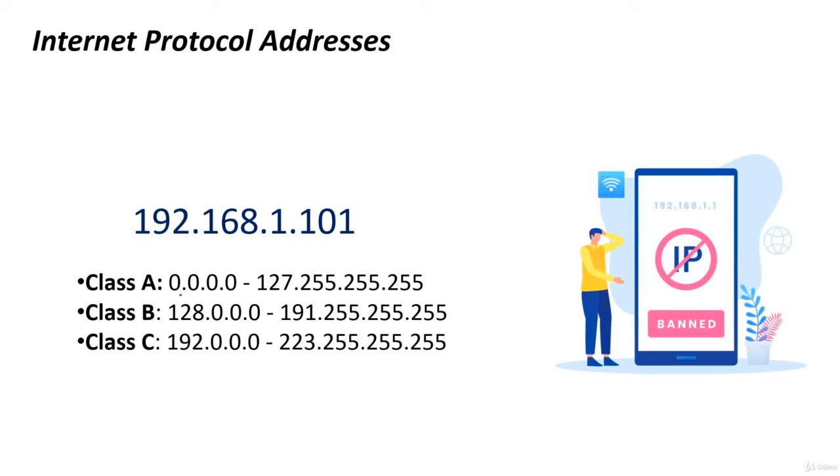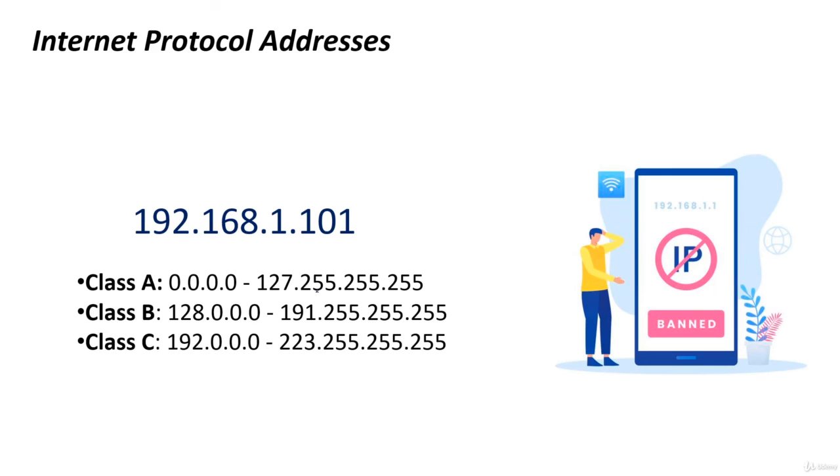The first class is called class A. The IP range, as you can see here, is from here to here. This class contains a maximum of 16,777,216 hosts and is used for large networks spread across cities.